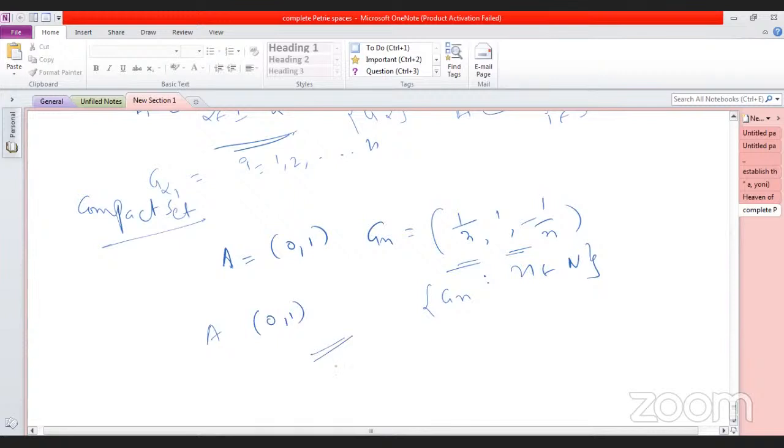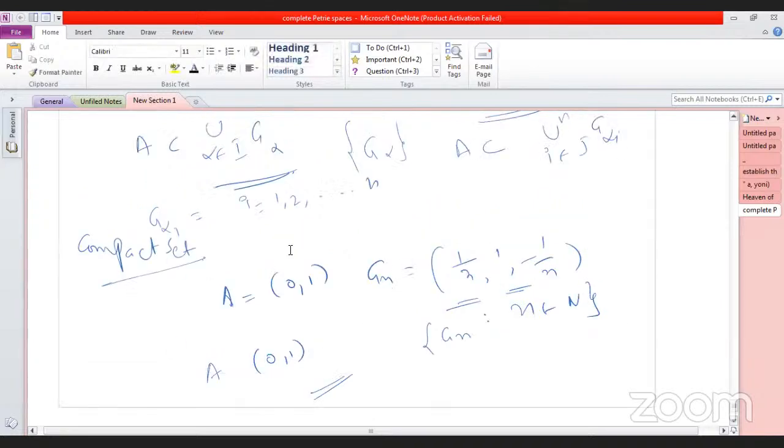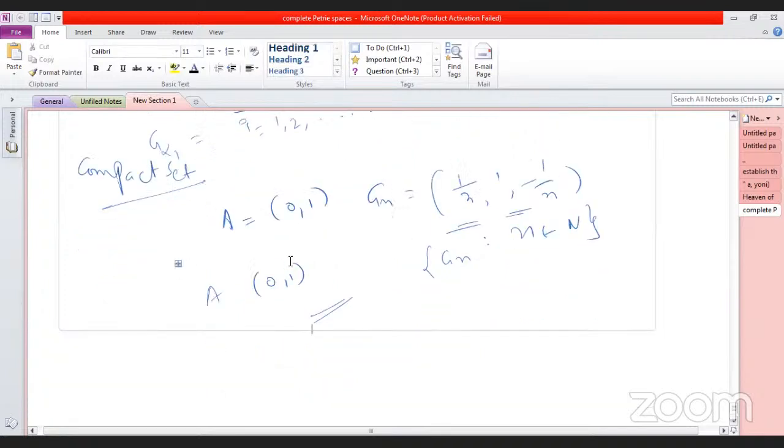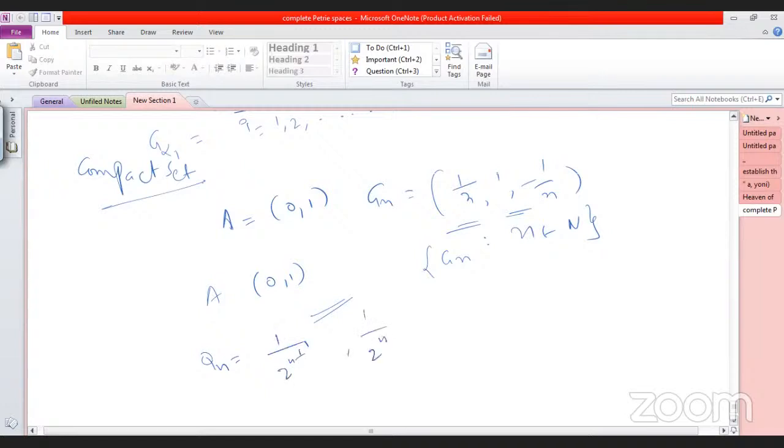Why is it not compact? Because no finite subcollection of the G alpha covers it, the union of G alpha over alpha belongs to I. Here we are taking only (0, 1), which is not a compact set in R. So the closed interval [a, b] is a compact set in R. Now in Qn I am taking 1/2^(n+1) and 1/2^(n-1). So Qn is an open cover of (0, 1).